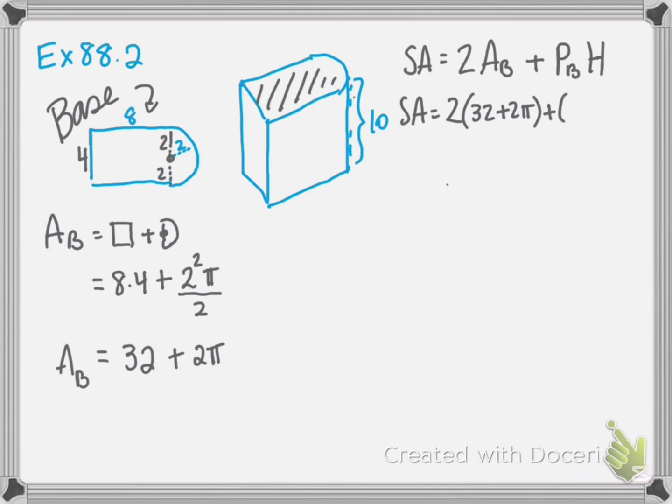Now for the perimeter, what we want to do is add. So let's put here the perimeter of the base. Remember, work in order and you won't have any problems. So to find the perimeter, we want to add all of the sides. We want to add these 8, 4, and 8. So I'll put that 8 plus 4 plus 8.